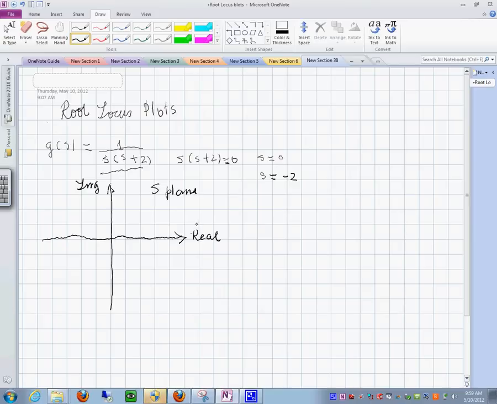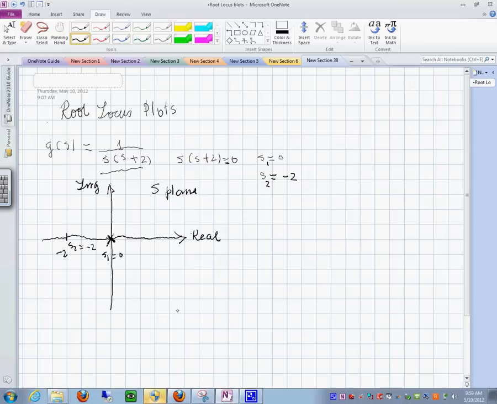So s equals 0 is going to be right here, but this minus 2 is going to be something like here, minus 2. And so this is s1 is equal to 0, and let's say s2 is equal to minus 2. So let's put it like this: s1 and s2.